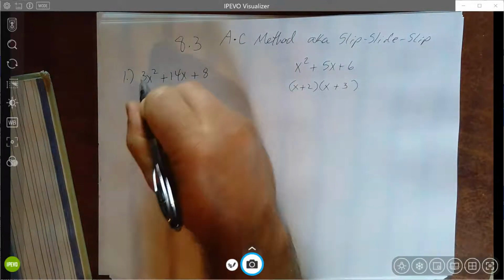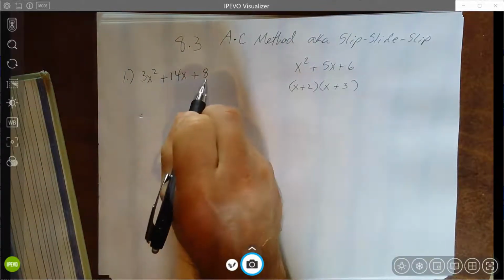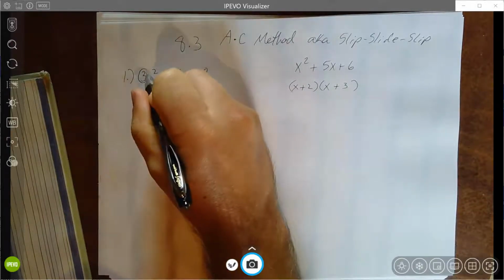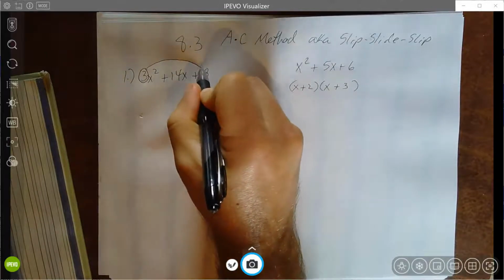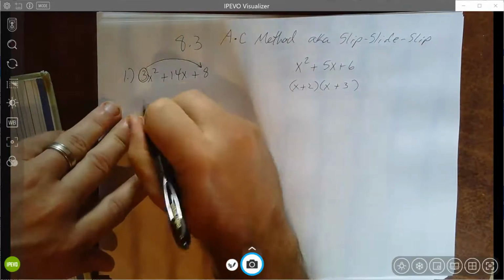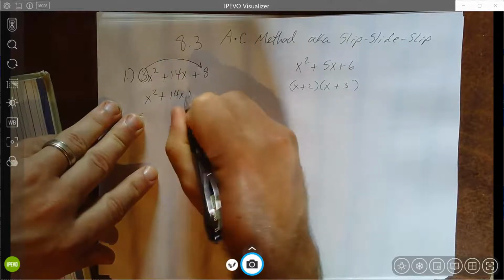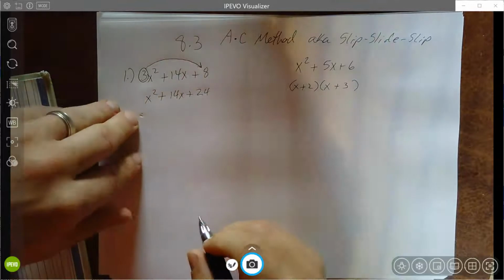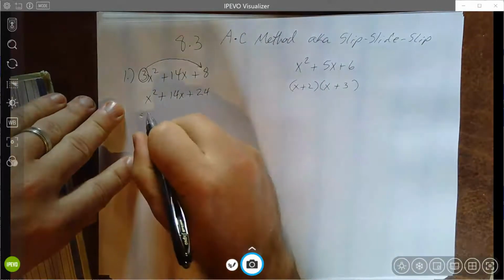So what you do is you think of this term as the A term, the B term, and the C term. It's called the AC method because you take the A coefficient, and you take it down there and multiply it with the C coefficient. So you make a new trinomial that's just going to be x squared plus 14x plus 3 times 8 is 24. All right, so then we're going to do it just like we did the trinomial factoring.